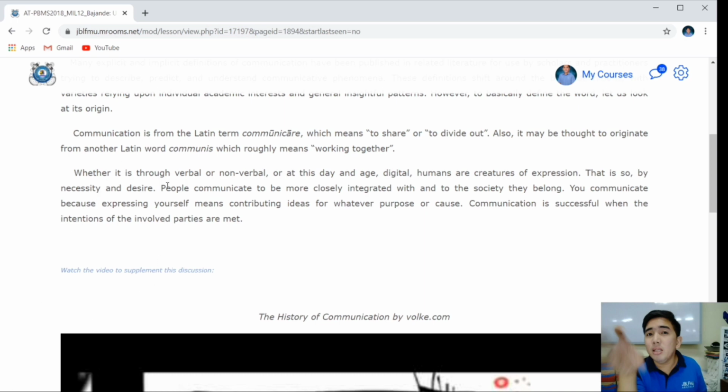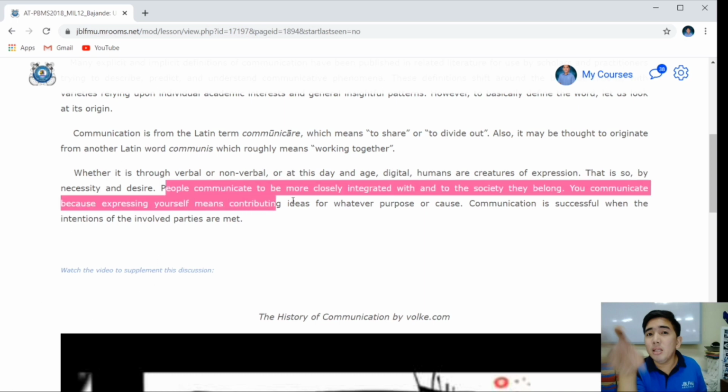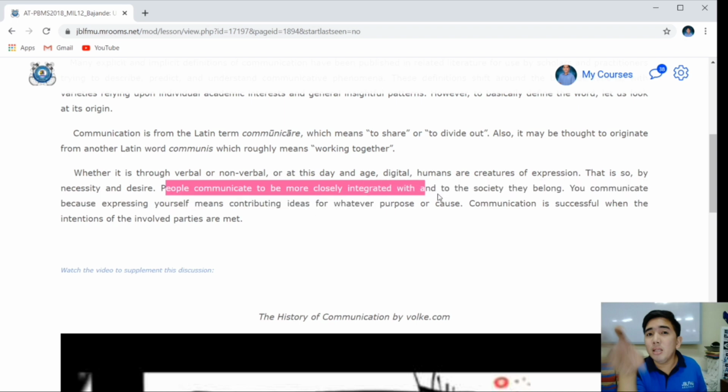Next, people communicate to be more closely integrated into the society they belong. And have you noticed, class, those people who do not really open up themselves or share their struggles or whatever they feel, okay? They have a hard time, di ba? Nga mag-cope or makisama sa iban because gani hindi sila kabalo mag-open up.